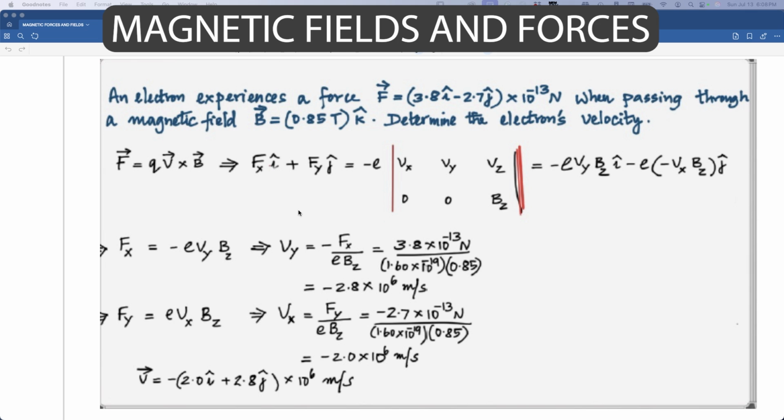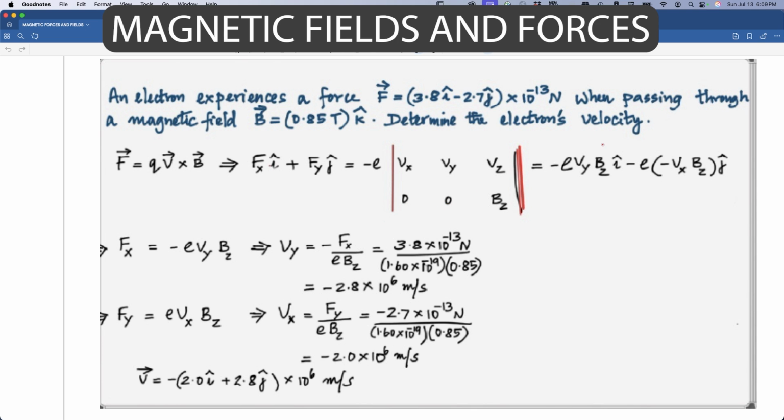I have included another question which you can look at. It's the same process, but here what we have to find is the electron's velocity. So the same formula, the force is given, so we'll go with this is equal to, look at the same thing, and since the magnetic field only has the k, you just put it as this. See, I've just given a general formula. It doesn't have an i and a j, so it's 0.